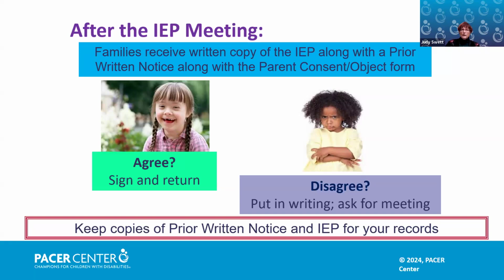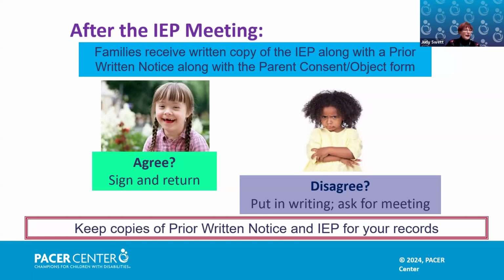If this is a subsequent IEP, maybe your child is now 4 and has already had an IEP, it's also important that if you disagree with that IEP, you send that form back, because otherwise, within 14 days, that IEP automatically goes into effect if you do not indicate that you disagree with some part of it.